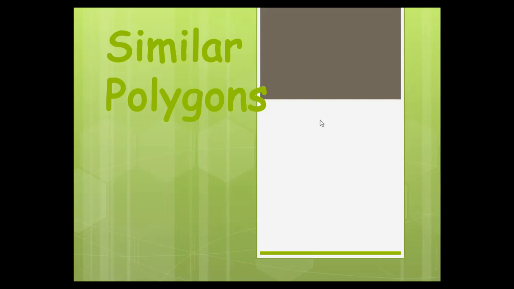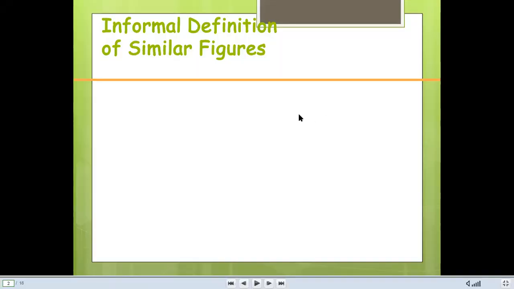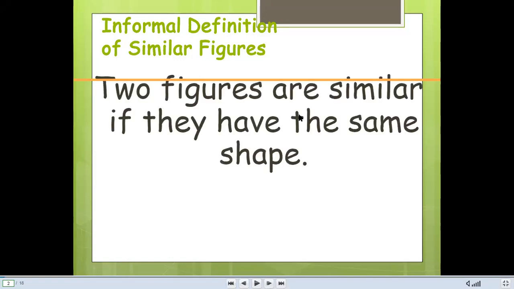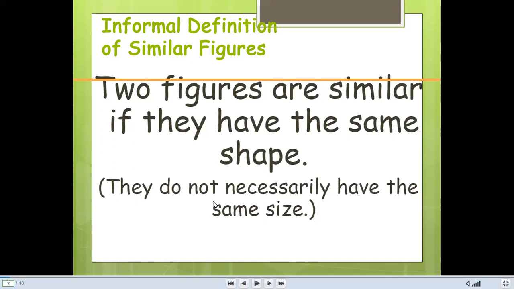Today I'm going to revise with you the part about similar polygons. How can we define similar figures? Two figures are similar if they have the same shape, but they don't necessarily have the same size.